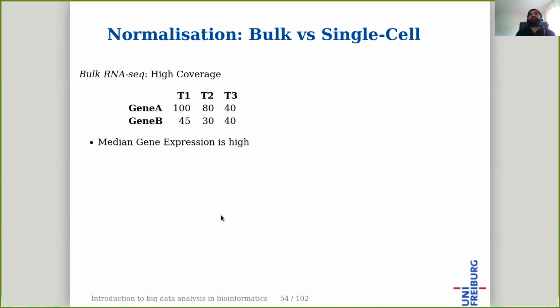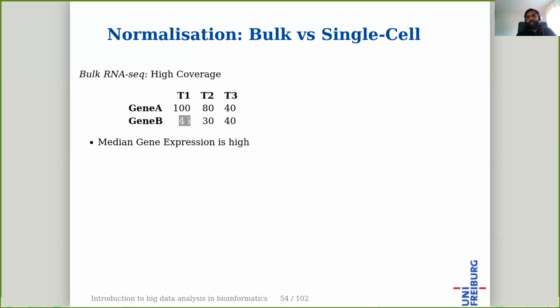In the bulk RNA sequencing, you usually see high coverage. Why? Because all the cells are coming from a single tissue. So in this case, for example, gene A, we see 100 counts from tissue 1, and this tissue 1 contains, let's say, 1,000 cells, and some of the cells have this gene expressed, and together probably 100 reads are coming from gene A. Similarly, for gene B in tissue 1, there are 45.